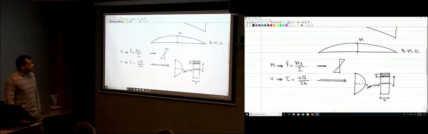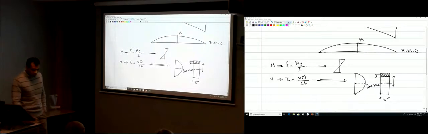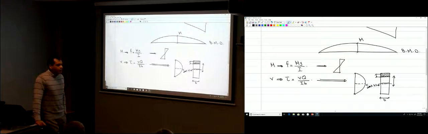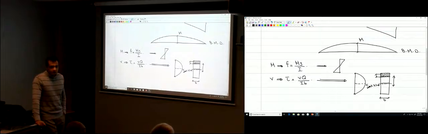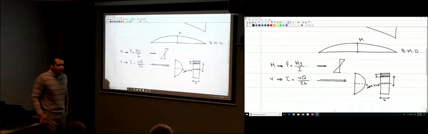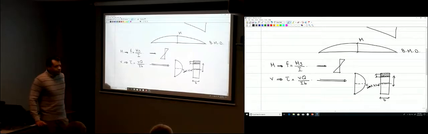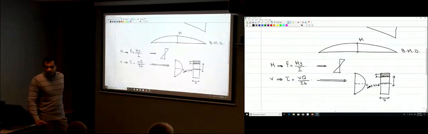Okay? So now, before we continue, I just want to let you know one important thing. Our problem with designing a concrete element is not the shear force. The concrete is able to resist the direct shear force. What's the major problem with concrete? Weak in tension. That's the problem.